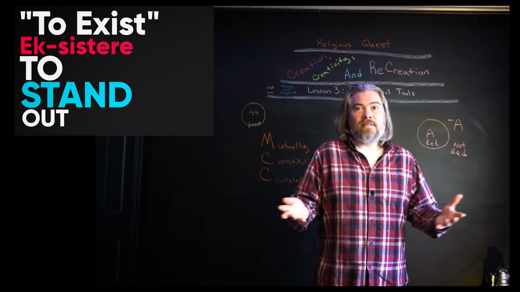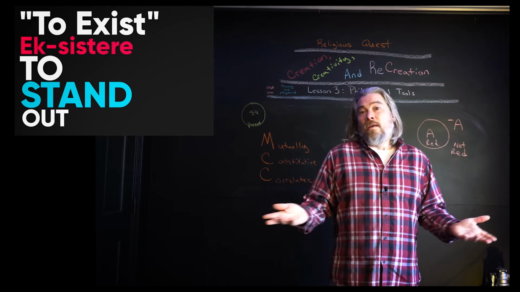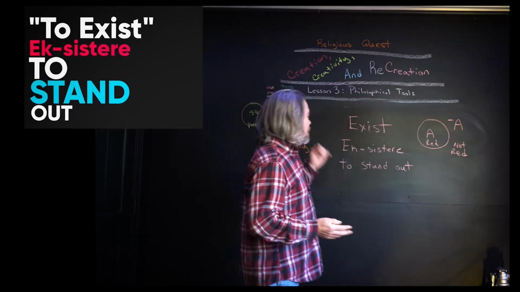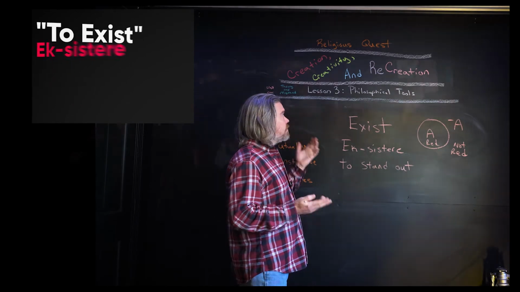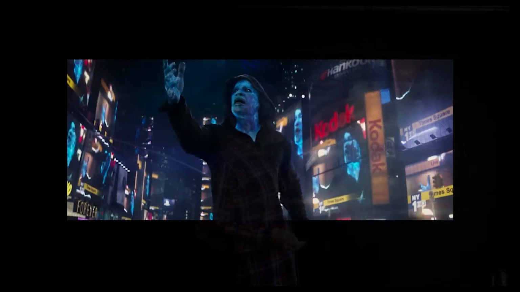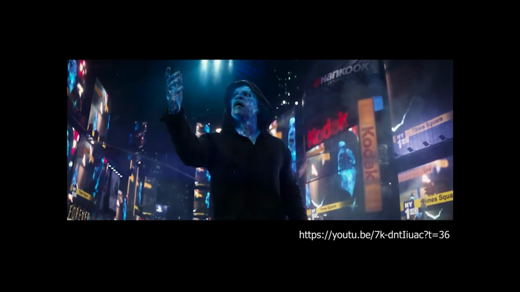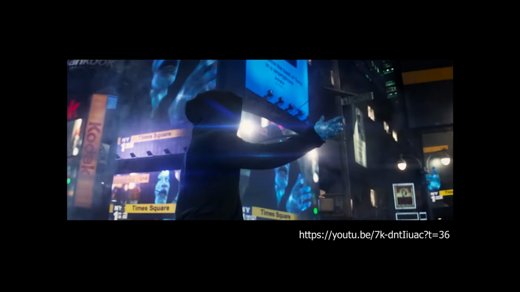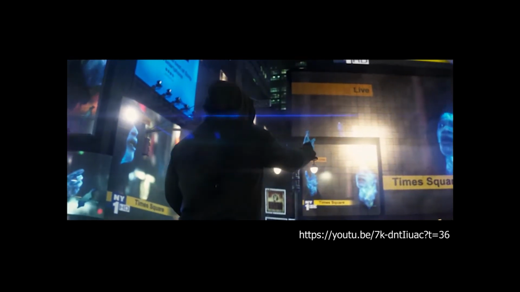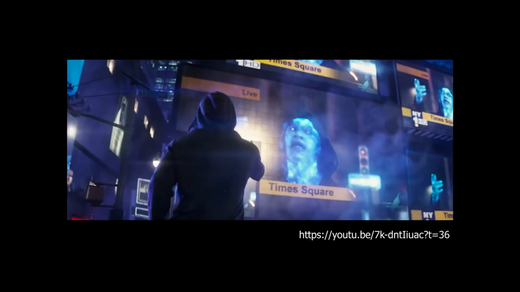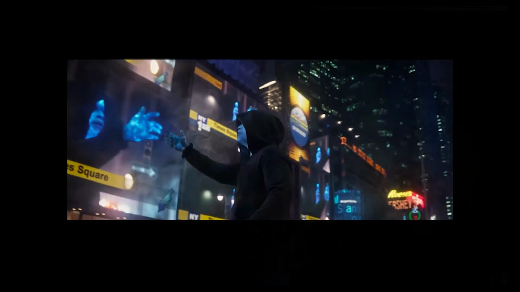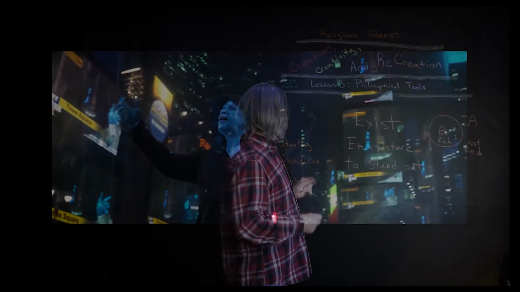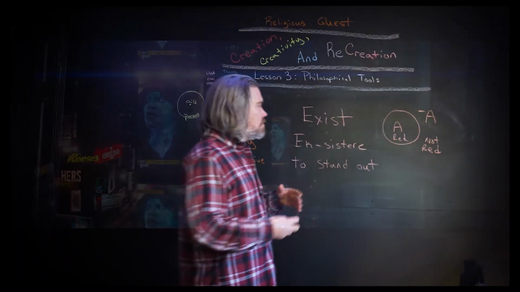I am the center of attention, and he feels like he exists for the first time because he stands out. You see me? They see me. Right? So to exist is to stand out.